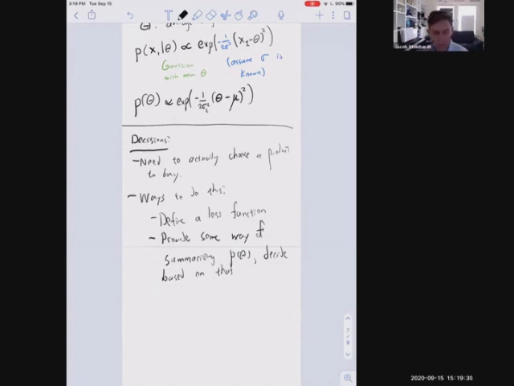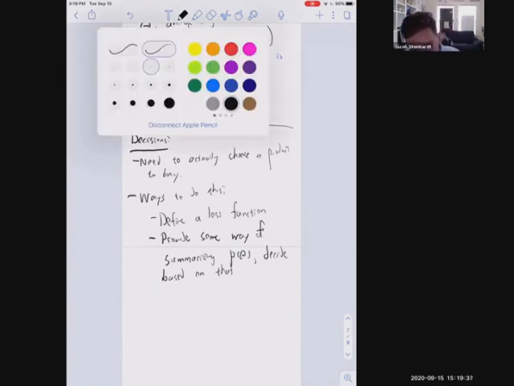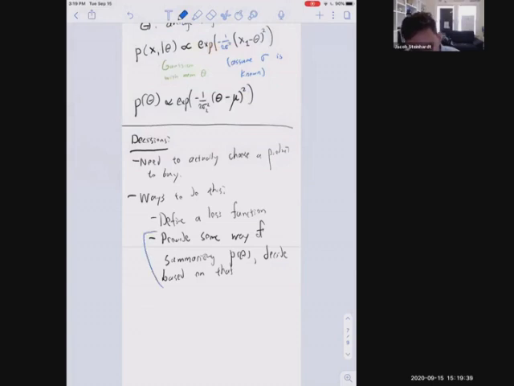So I want to talk about this. It's maybe a little more heuristic than going with the loss function, but also in many applications, we will just want a nice way of summarizing our posterior, even aside from any decision we want to make. Sorry, this should be P of theta given X, because we care about the posterior.